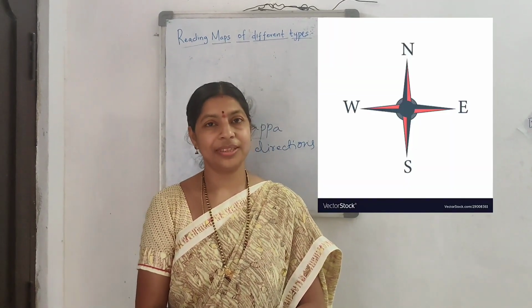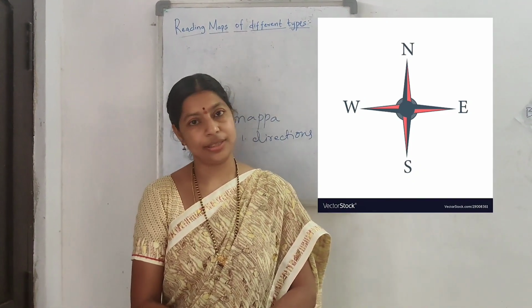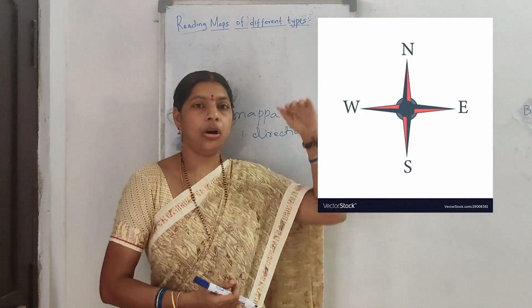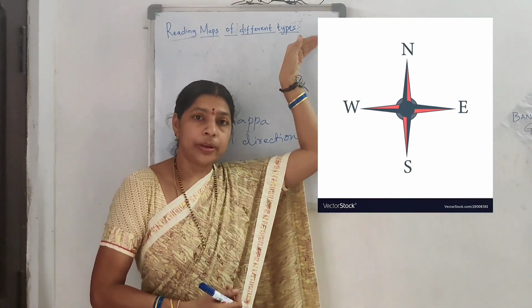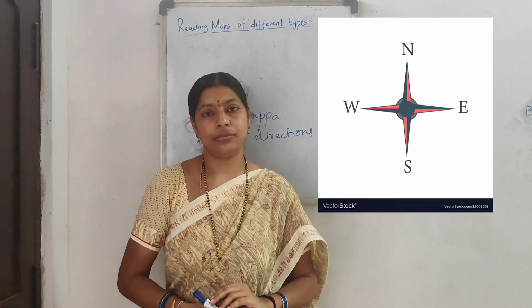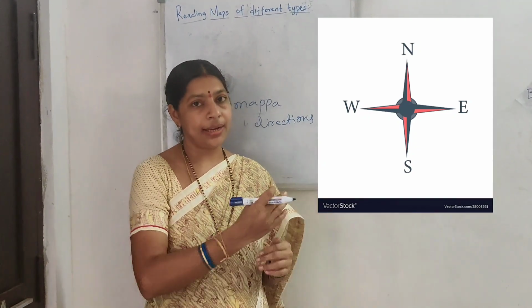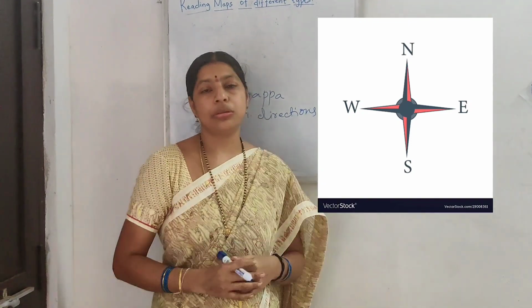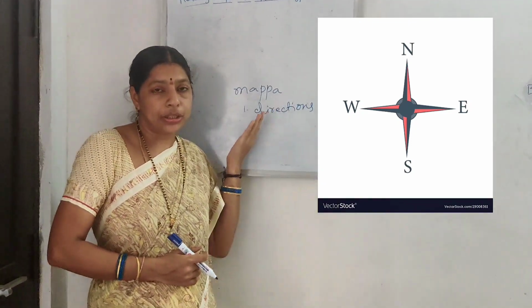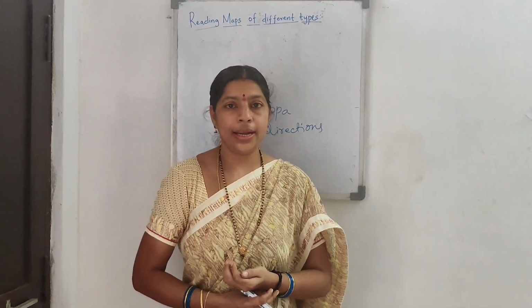North, south, east and west. Always the top of the map shows the north direction, the bottom shows the south direction, the right side shows east, and the left side shows the west direction.